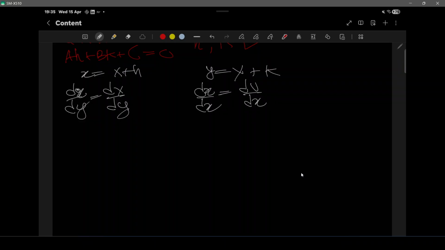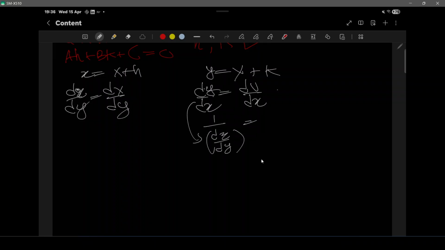Remember, I'm not going to do a proof. Since this is a single variable, we can write dy over dx as 1 over dx over dy, but only in single variable calculus. We are talking about an ordinary differential equation, so there is only a single independent variable, and y is the dependent variable.